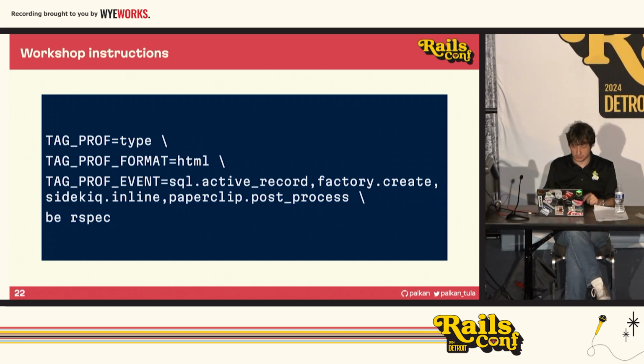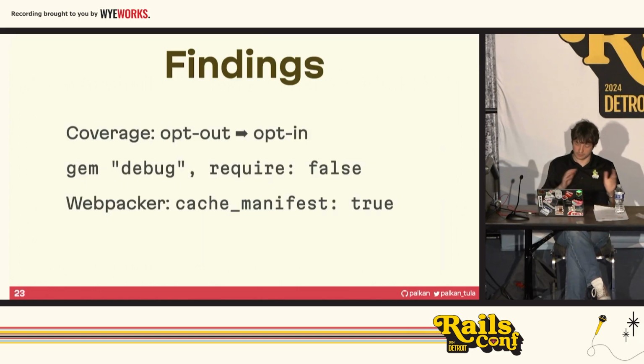Okay, let me continue with a recap for the first part. So what we found: we disabled coverage, we disabled debug gem by default, and we enabled caching for Webpacker. Those are a few things we fixed, but while I'm talking, you can try the whole test suite and see the difference from the numbers you had before the workshop.